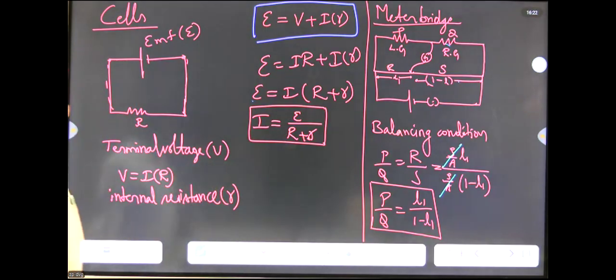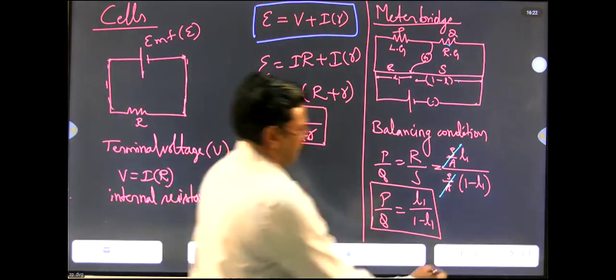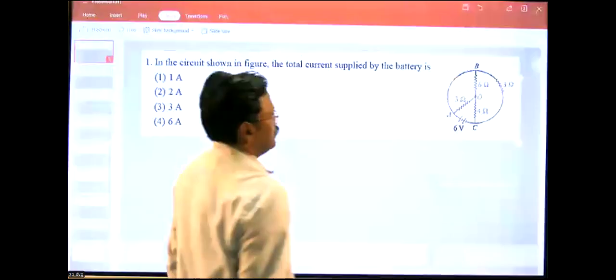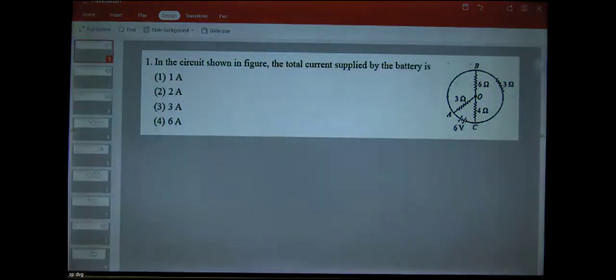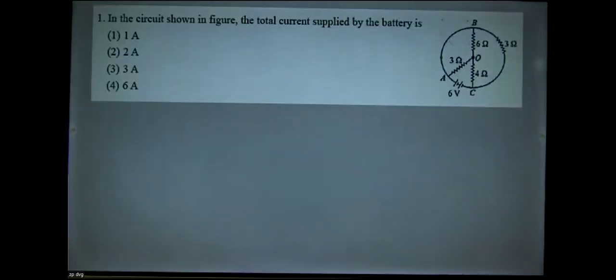We'll take up questions. We'll take some examples of network analysis.